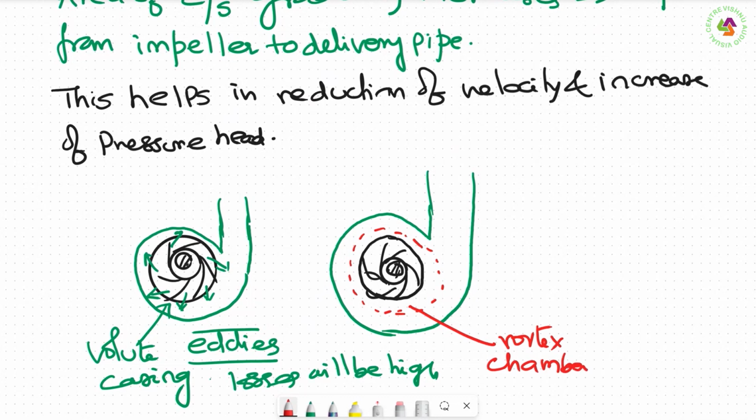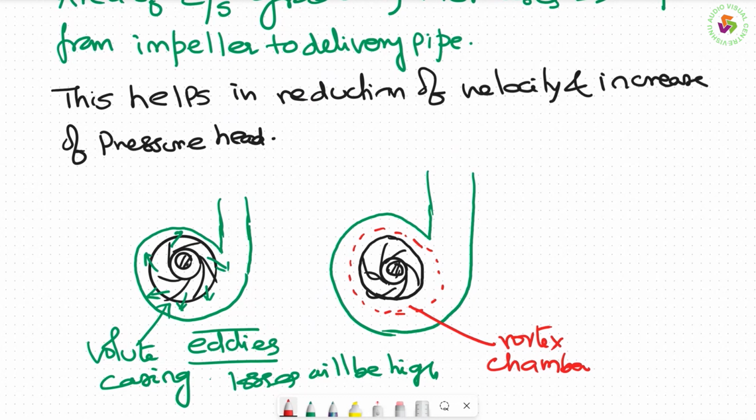Because of this vortex chamber, by the time the water enters the outer part of the casing, the energy losses are automatically reduced, so the efficiency of the pump increases. A vortex chamber is not anything additional.